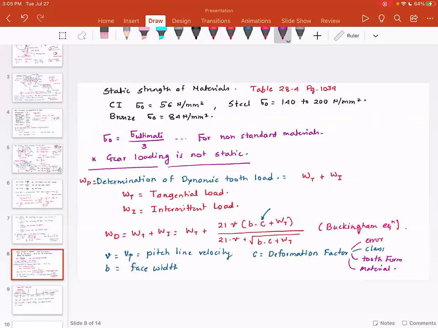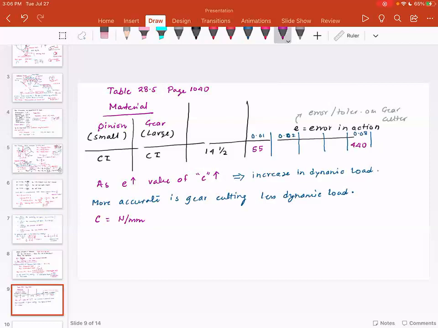Because if you look at this equation, C is multiplied by B, where B is the face width in millimeters. And that is added to WT, which is in newtons. So this product has to be in newtons so that we can add dollars to dollars or pesos to pesos. That's why the unit of C is Newton per millimeter.